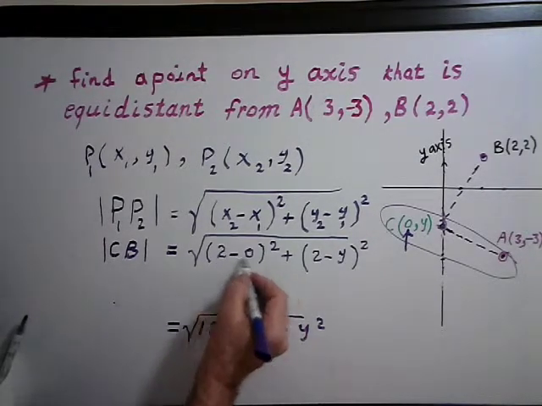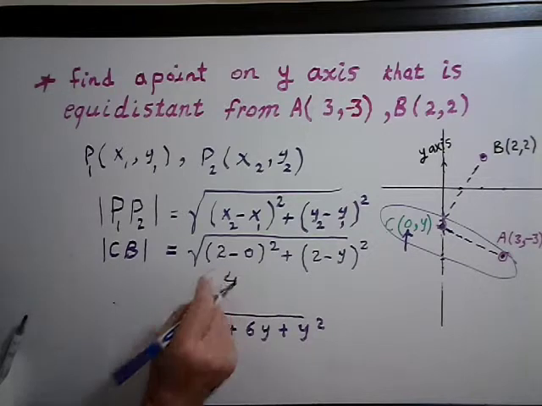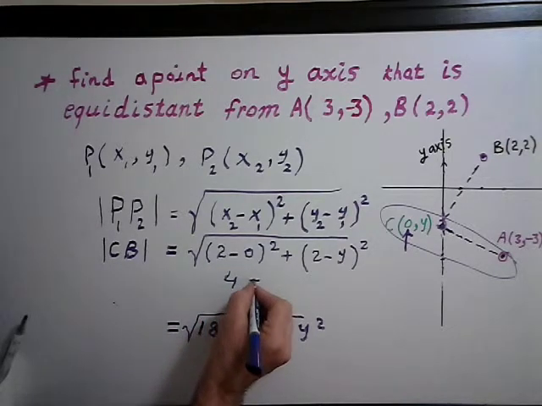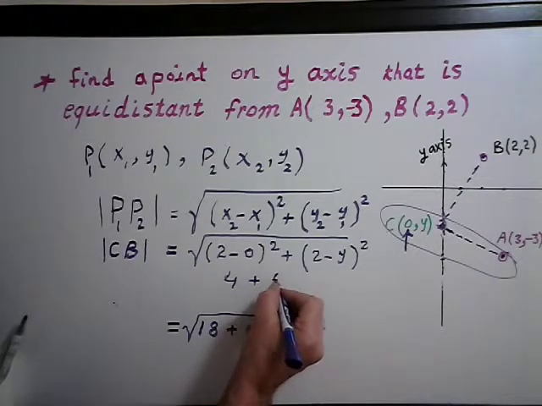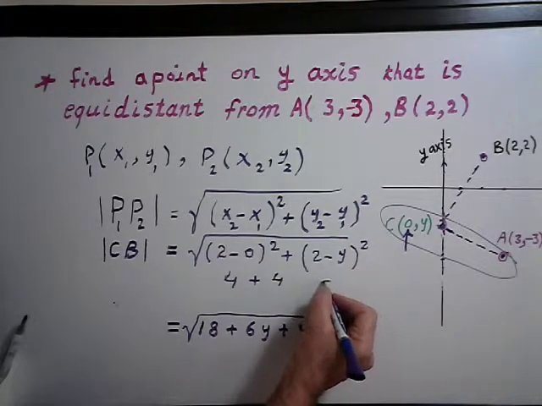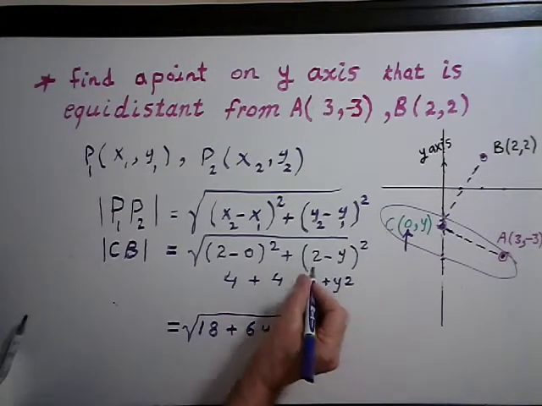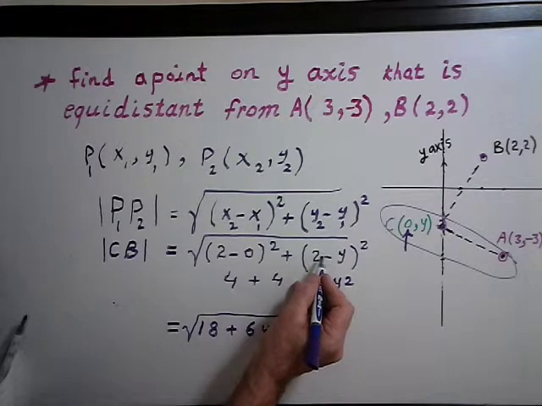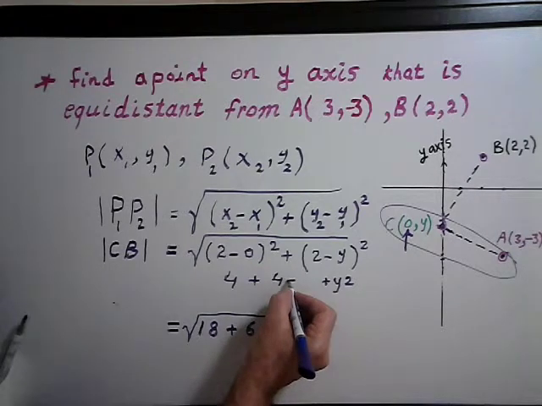To expand this, 2 minus 0, that means 2 squared, that means 4, plus here 2 squared, that means 4, negative y squared, that means plus y squared, and 2 times negative y, that means minus 2y, times 2, that means minus 4y.